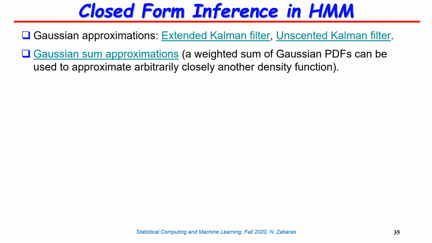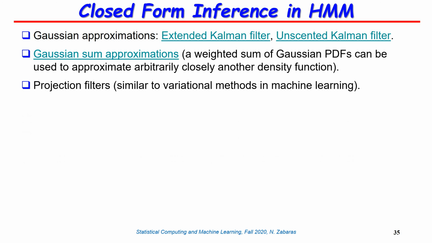If I recall, the key idea here is again to take any sort of complicated PDF and write it as a mixture of Gaussian PDFs. So approximate basically whatever non-Gaussian model you have as a mixture of Gaussian models. All right, so that's the Gaussian sum approximation. Similarly to variational methods, you can apply what are called projection filters.